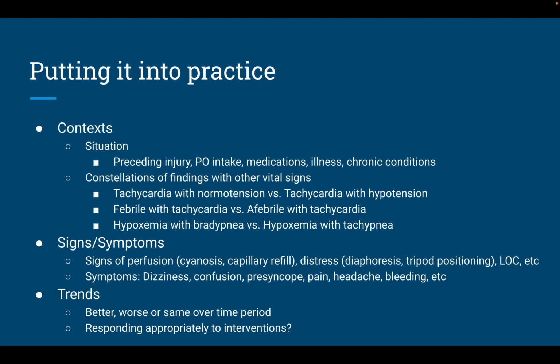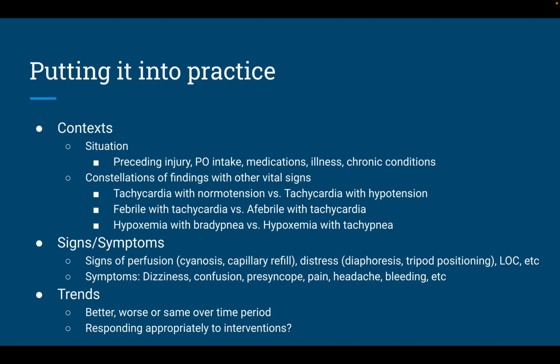Someone who's distressed, diaphoretic, profusely sweating, in tripod positioning, using their accessory muscles to try to get a deeper breath. The level of consciousness: is this someone who's alert, or are they having waning consciousness? These are all things to be thinking about in conjunction with abnormal vital signs.